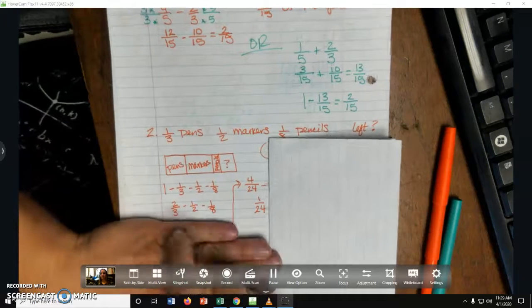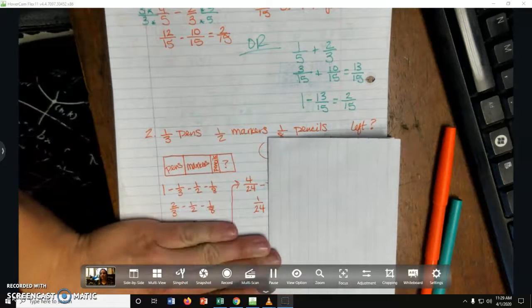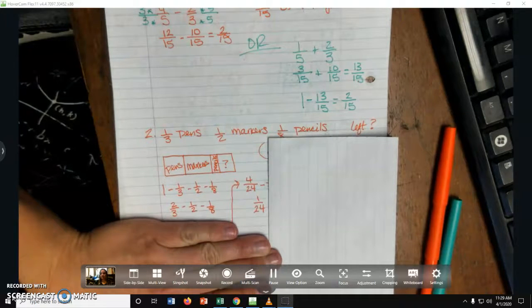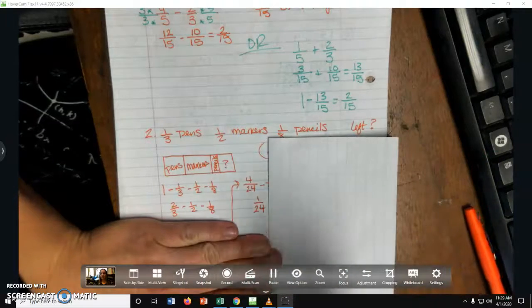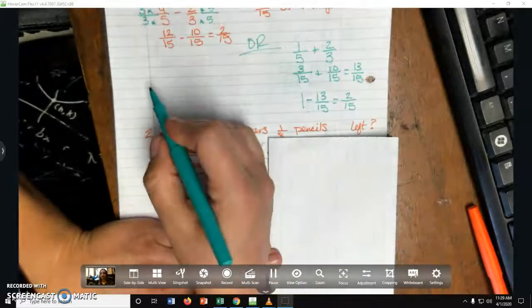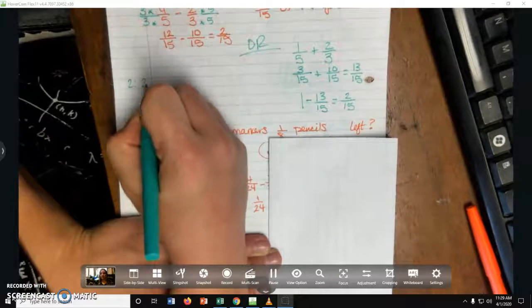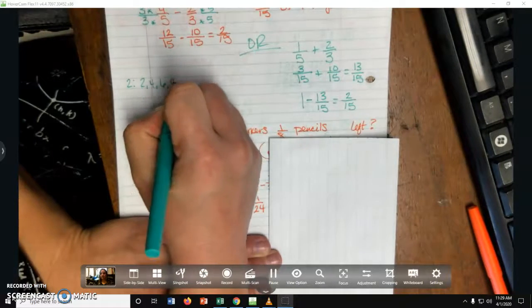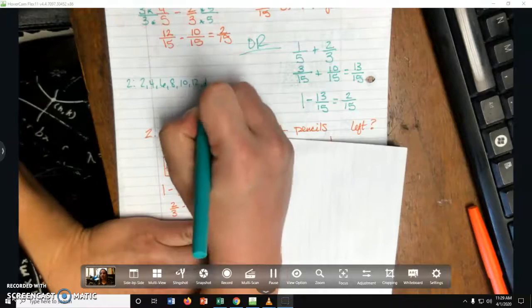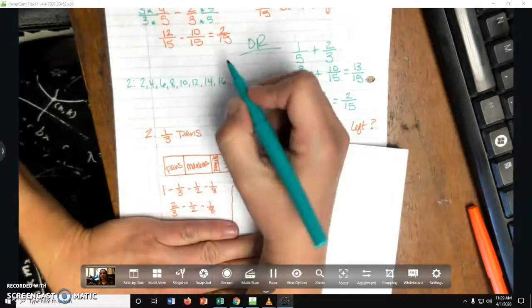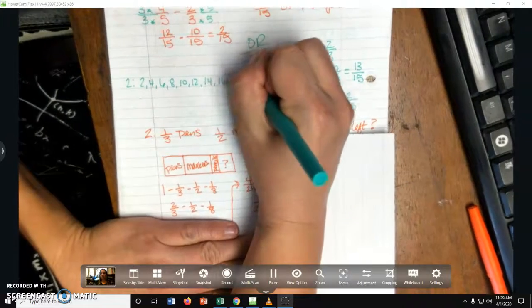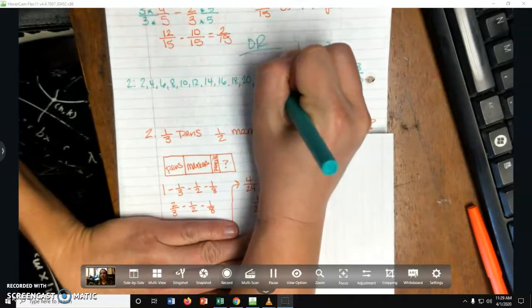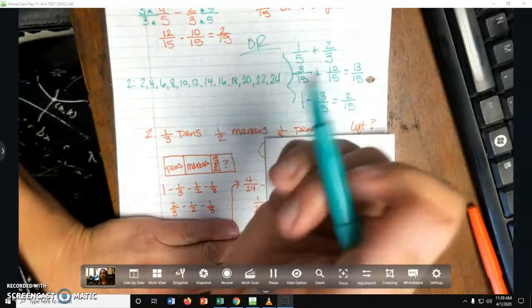Okay, right here you can go find the least common multiple of all 3 of those numbers. So we could write our multiples of 2. I'm going to do this in a different color for you. So I'm going to go up here. If I could write my multiples of 2, I'd have 2, 4, 6, 8, 10, 12, 14, 16, 18, 20, and I know how far I have to go. If you didn't, you would just keep going till you find one.